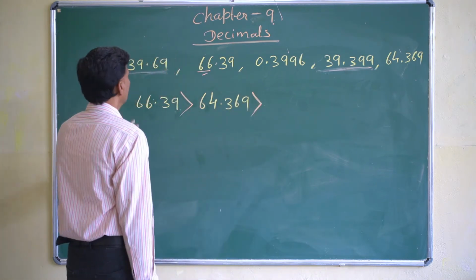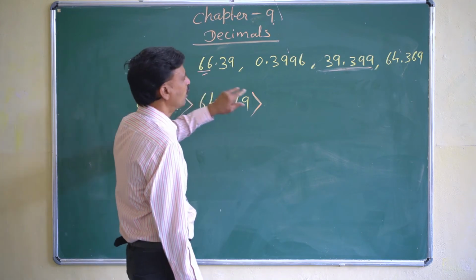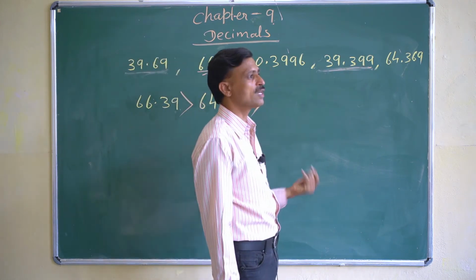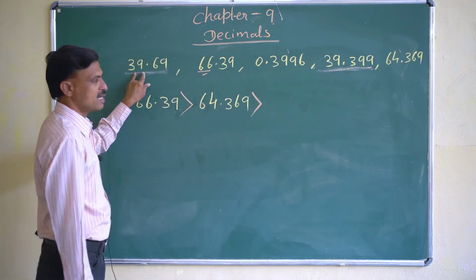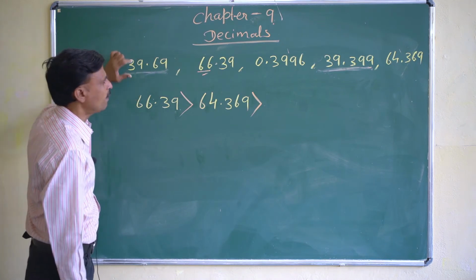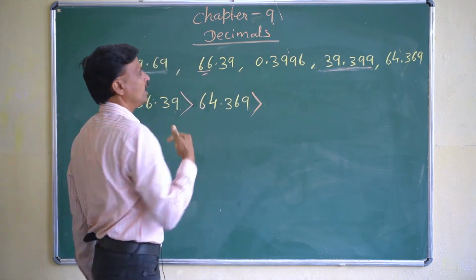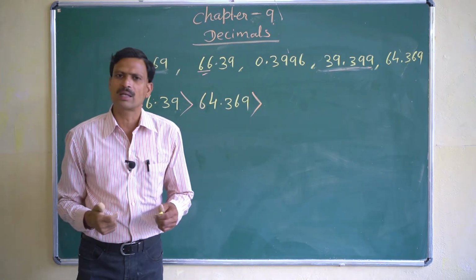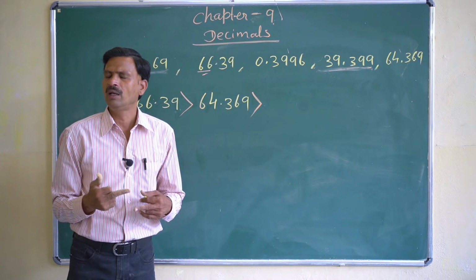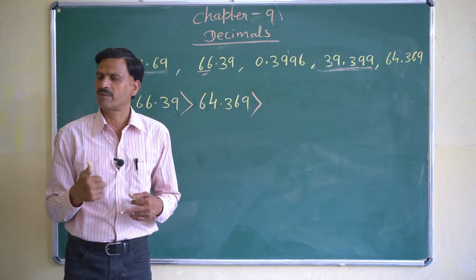After this, what will come? Now we'll decide which is greater, 39.69 or 39.399. Their whole number part is the same, 39. So as I told you, if the whole number part is the same, we compare the first place digit after the decimal.